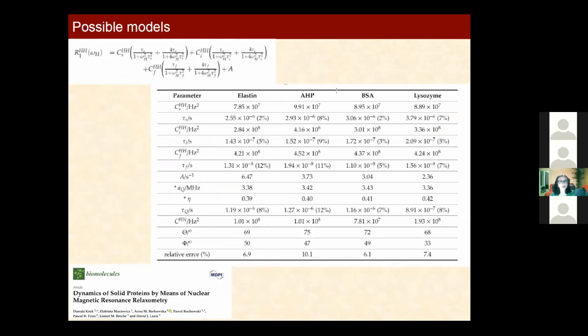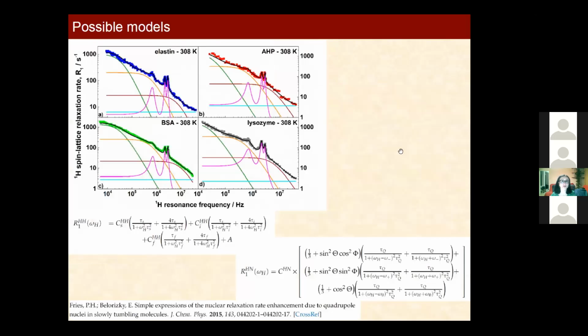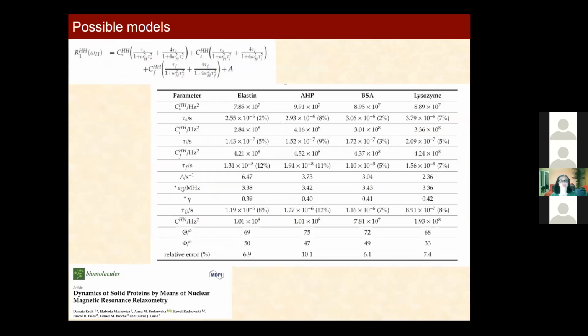Okay, one can collect parameters. Usually I try not to show tables, and I will not be talking much about the parameters now. I will come to them also later. However, of course, if you perform this kind of fits, you get parameters.